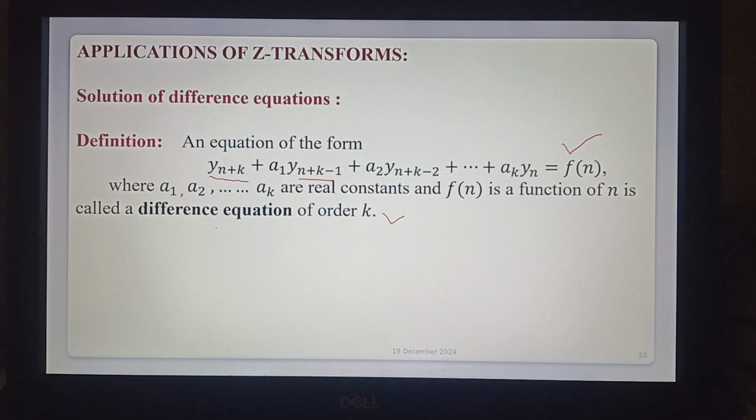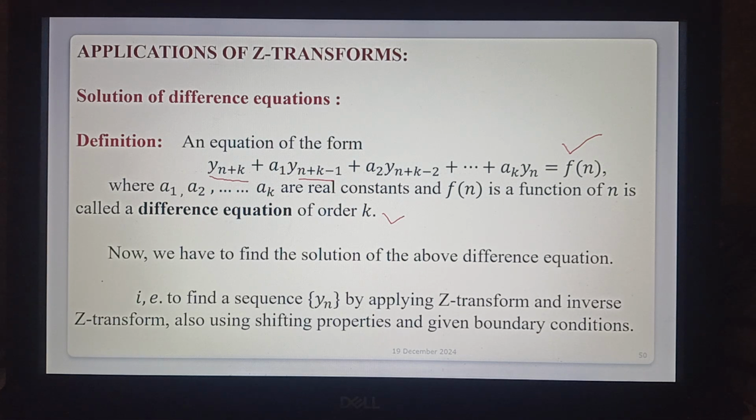To find y(n), we apply the Z transform and the inverse Z transform, also using the shifting properties and the given boundary conditions. Without the given boundary conditions this method cannot be used; they are compulsory. If the conditions are given, then we find the solution. So this is the definition and the procedure.